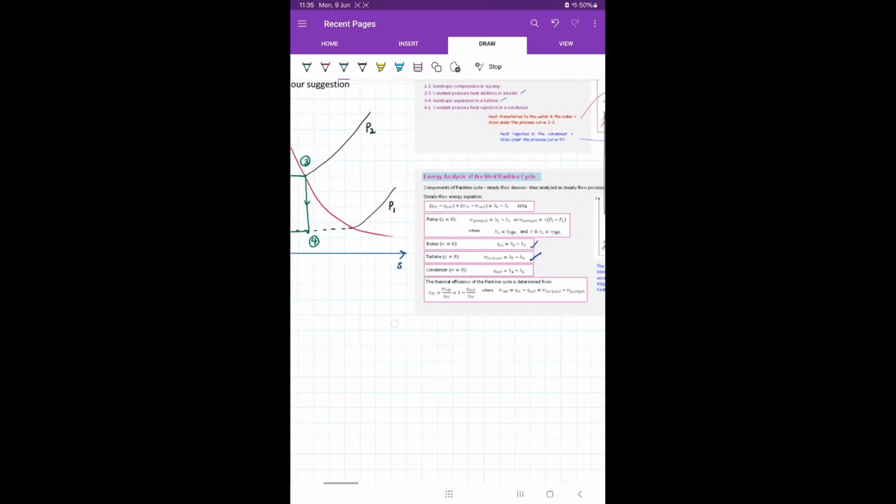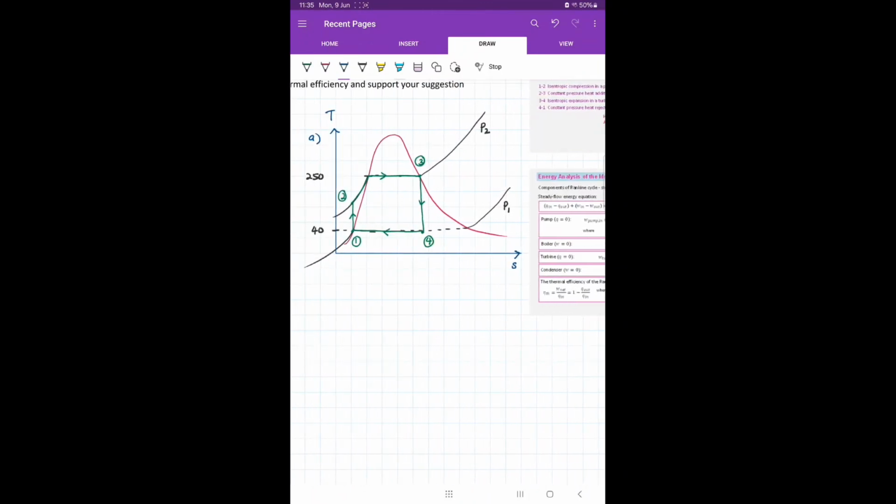But looking at the figure, at point 2 the only information we have is pressure, because from point 2 to point 3 the pressure is constant, and we can determine that pressure based on the temperature here.